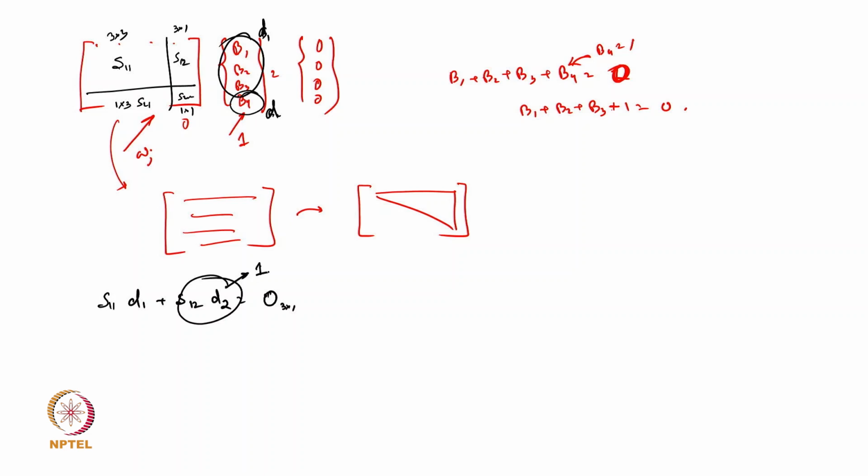D2 is nothing but your 1. So can I say S11 into D1 should be equal to minus S12? If this is the case, then D1 equals S11 inverse times minus S12, and we are done.